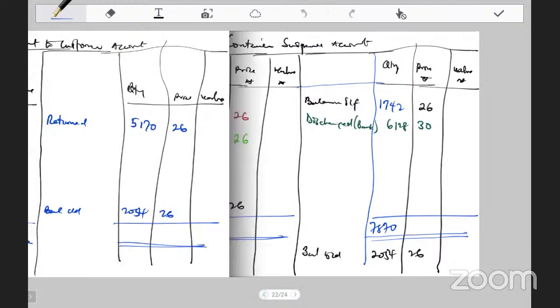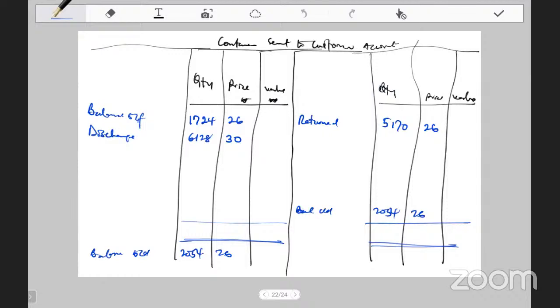So we also come to cost of goods, sorry, container inventory. So we have our retain. That is going to be 106 at 26.